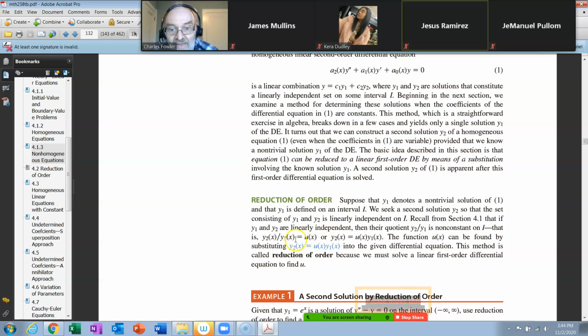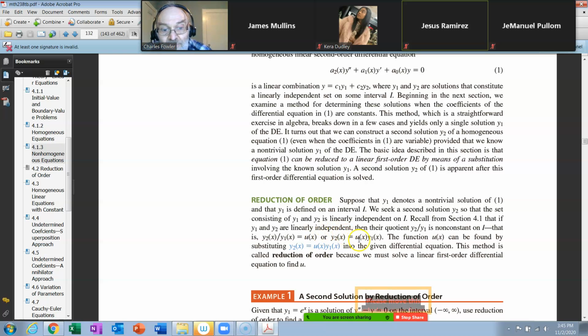Now, if those two solutions, y1 and y2, are linearly independent, then their quotient is non-constant on I, because if it were constant, they'd be dependent on each other. They're not. So in other words, y2 divided by y1 is some new function, u of x. Now this kind of looks suspiciously familiar, right?